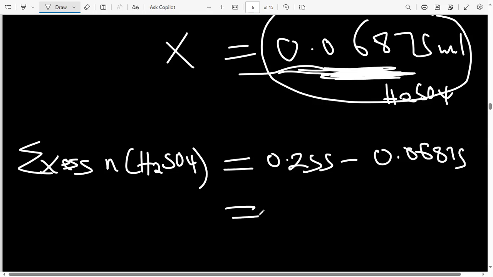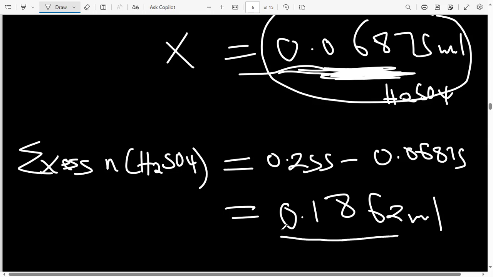So let's find now the excess moles. So this minus this, what are you getting? Okay, so according to my calculator, I'm getting 0.1862 moles.